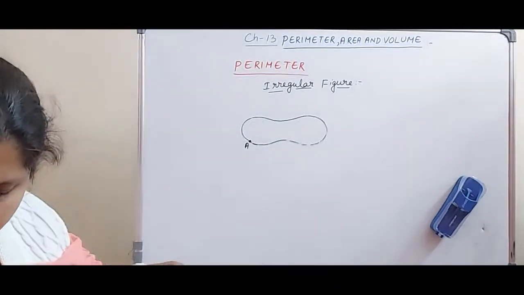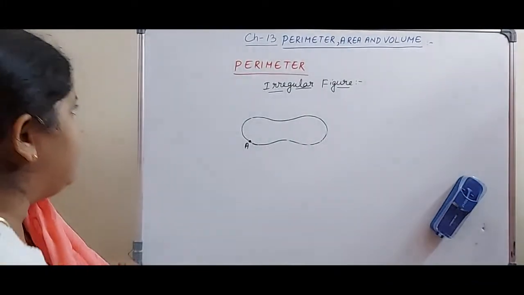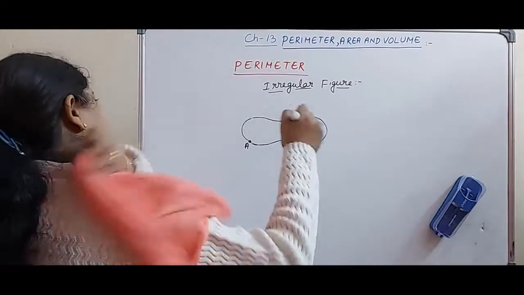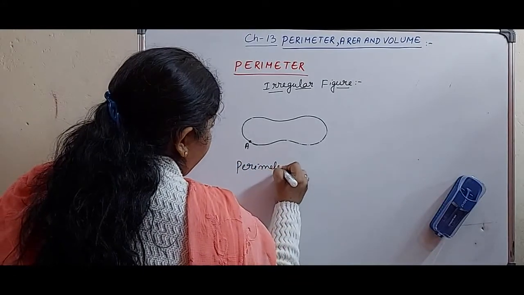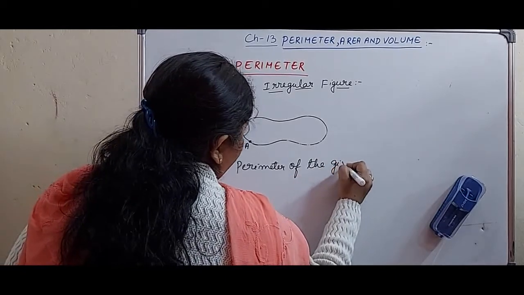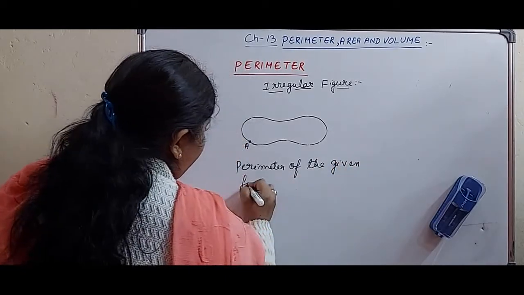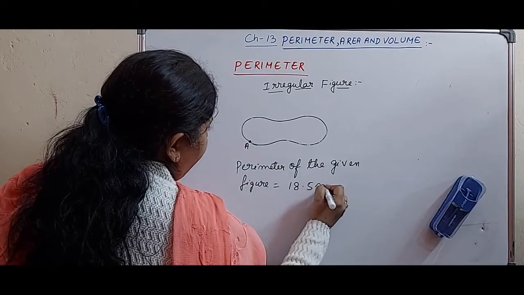It is 18.5. So I got my length. The perimeter of the given figure is equal to 18.5 meter.